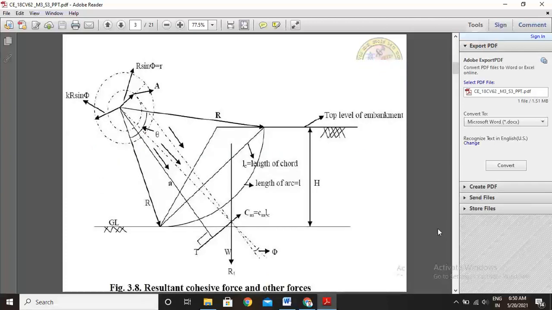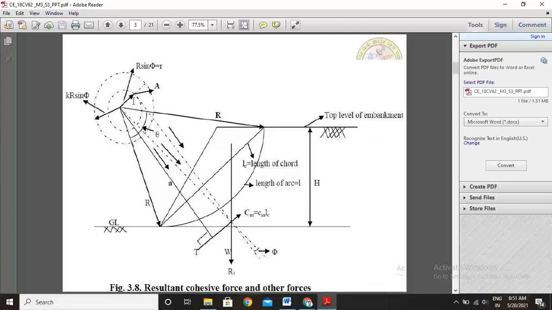See, this is the friction circle method. How is this friction circle method applied for given data? So here, this is the ground level, this is the slope, this is the top level of the embankment, this is the height of the embankment, this is the radius, and this is the slip circle.